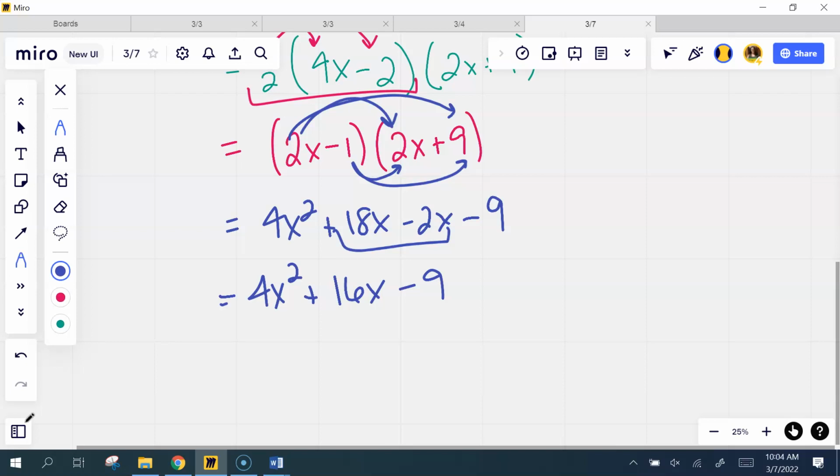What else on your homework? 15 would be a constant monomial. Yeah.